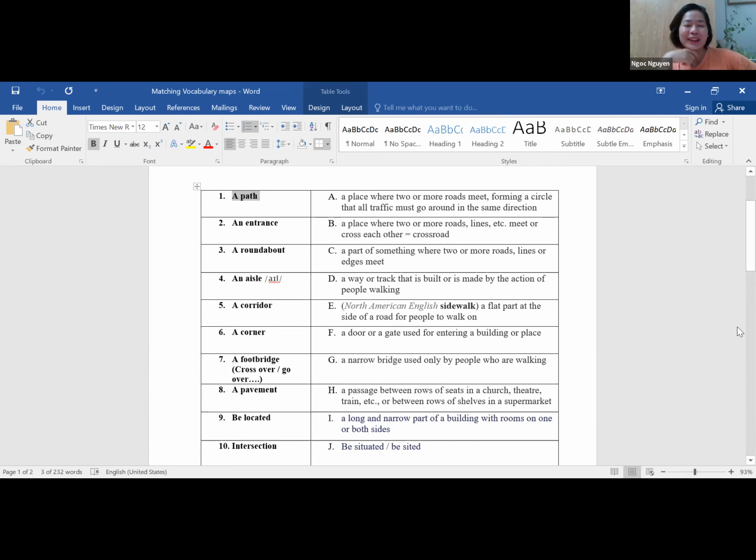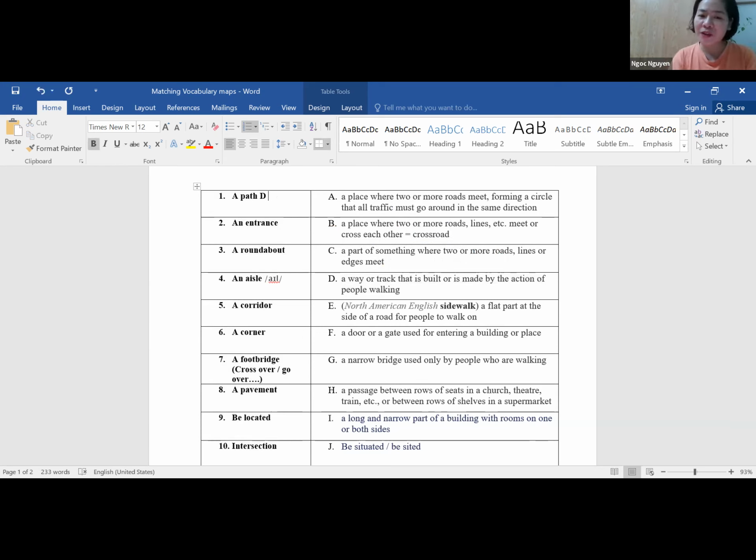We have a lot here, right? Like in our group, we've got the letter D. That's totally correct. A way or a track that is built or made by the action of people walking. So Zhang, is a path usually narrow or large?